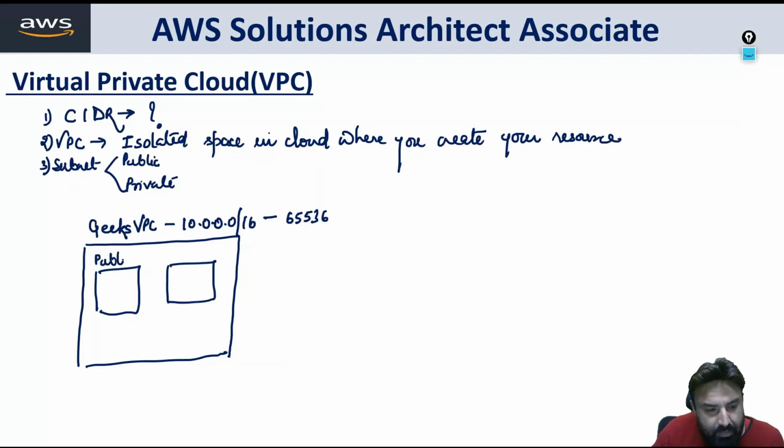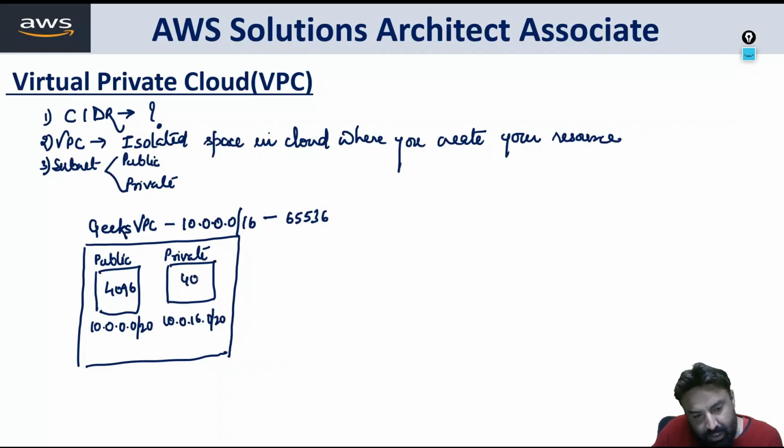Once you name them, you have to specify the size, which should be inside this range only. Let's say 10.0.0.0/20, meaning 4096 IPs, and the next one starting from 10.0.60.0/20, meaning 4096 IPs.